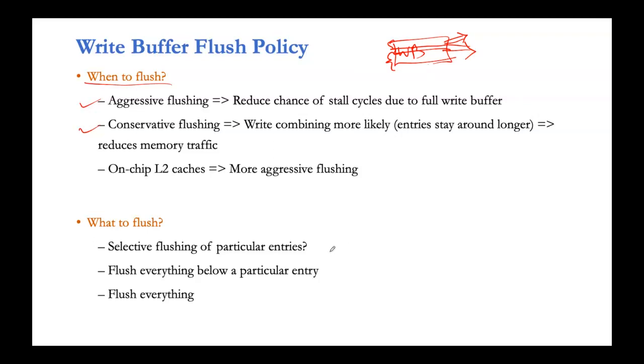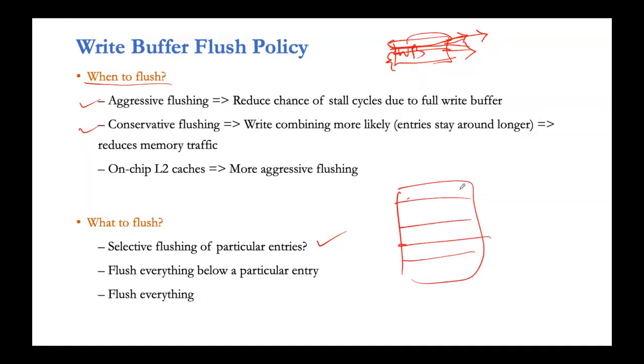So what to flush? You can select the flushing of a particular entry, so that only that particular entry is flushed out from the cache. Suppose in the write buffer there is a particular entry of this cache line; only this can be flushed out, or everything up to the entry point, or everything below the particular entry.